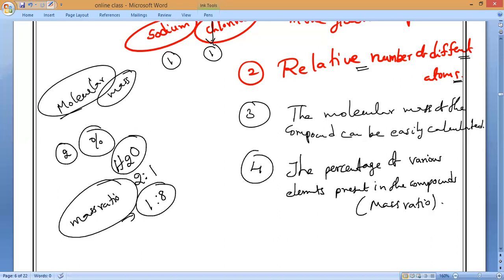So we will come to know the element ratio and we can come to know the mass ratio. So this is the importance of writing the chemical formula. If we write the chemical formula, this much information we will get about the compound.